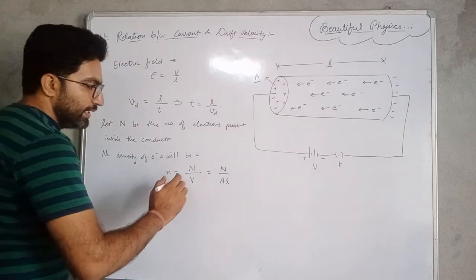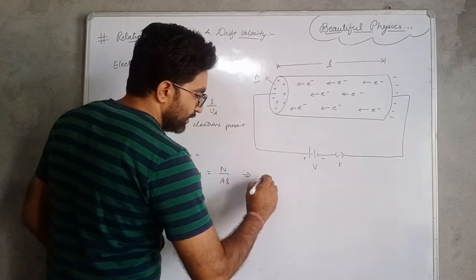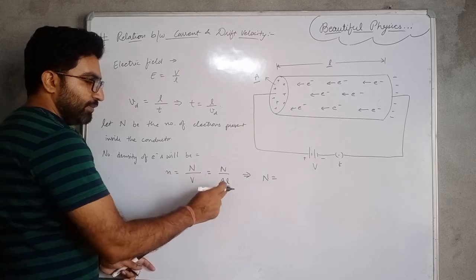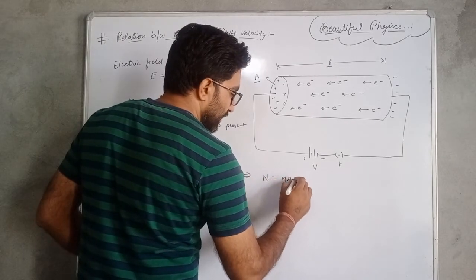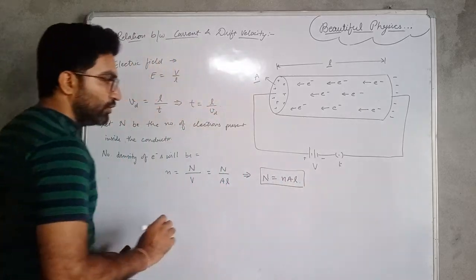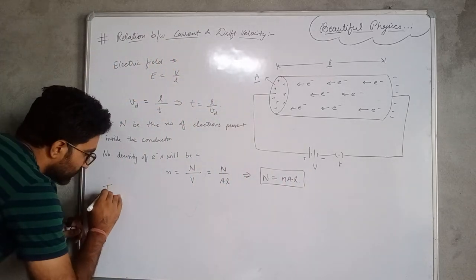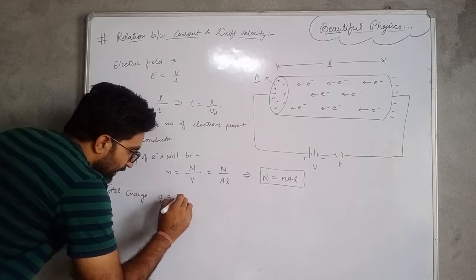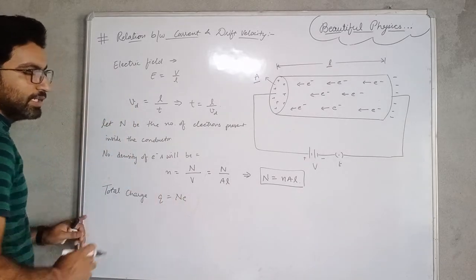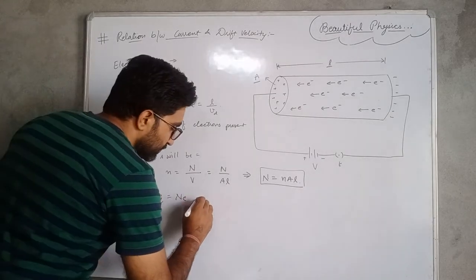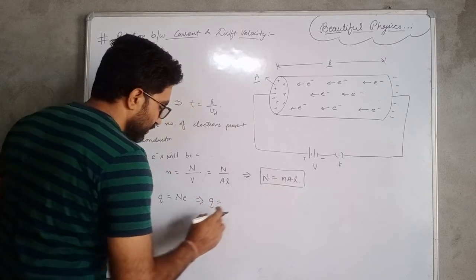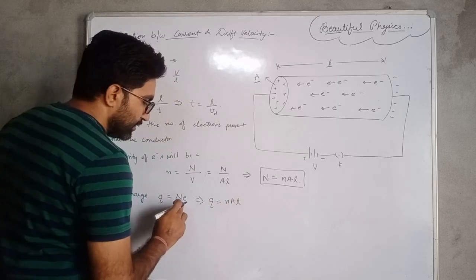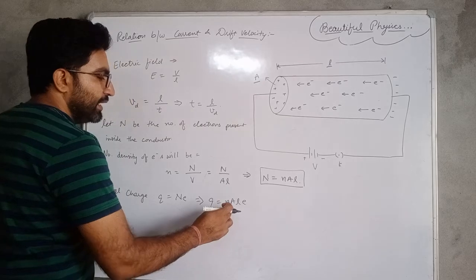From there we can find the value of N, the total number of electrons, which will be equal to the number density of electrons multiplied by the volume, nAL. The total charge Q will be equal to the number of electrons present times the electronic charge, so Q will be equal to nAL times e, nALe.